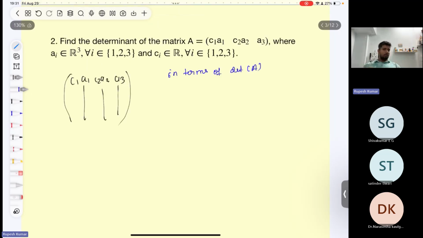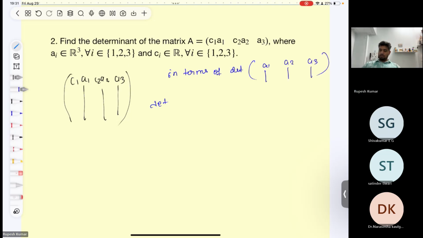If you multiply a column with a scalar, the determinant gets multiplied by that scalar. So the determinant in terms of determinant of the matrix A1, A2, and A3, right?